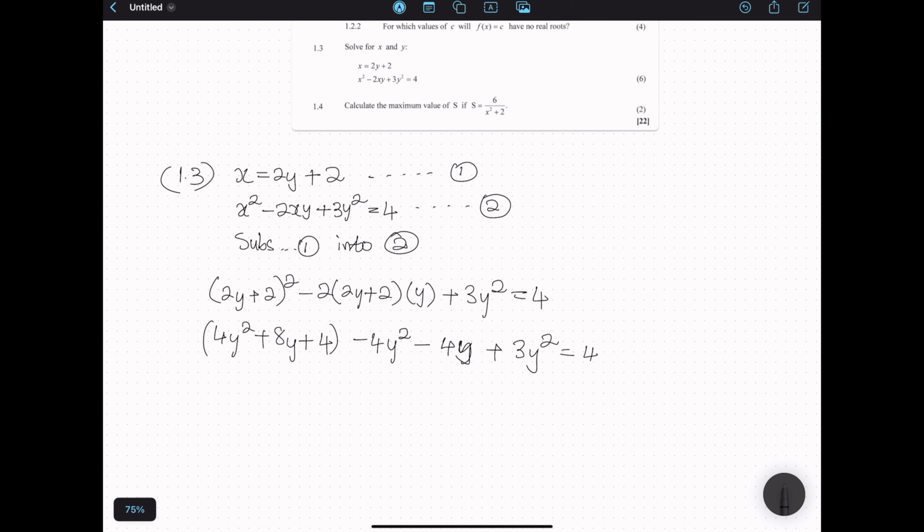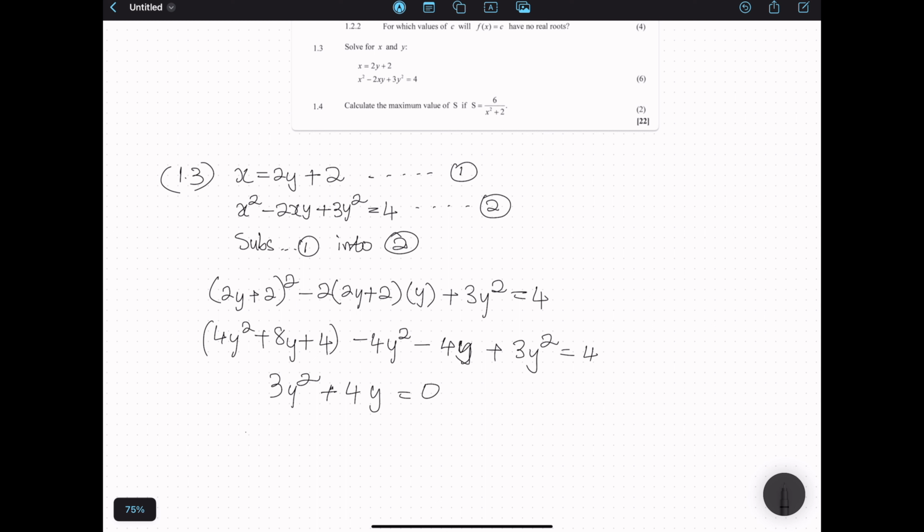Then just do the like terms and everything. Then you're going to have 3y squared. This will cancel this, right? This will cancel this. Then we have 3y squared. 8 minus 4 is going to be plus 4y is equals to 0.